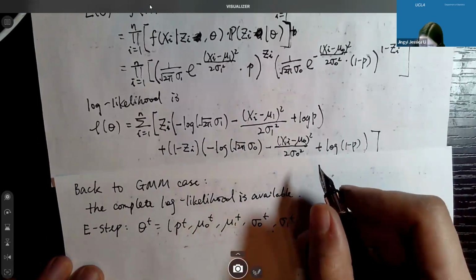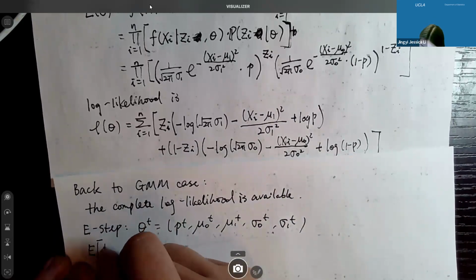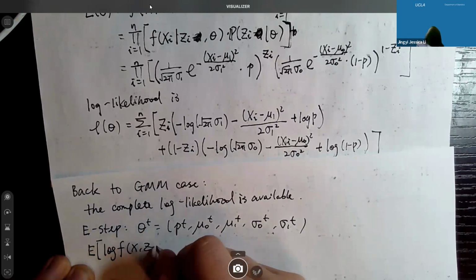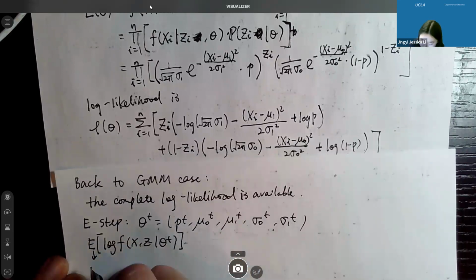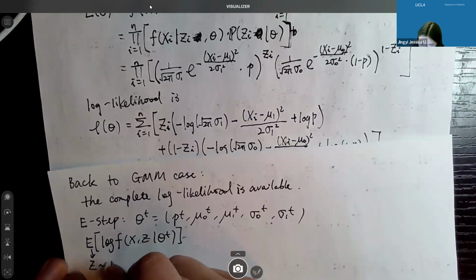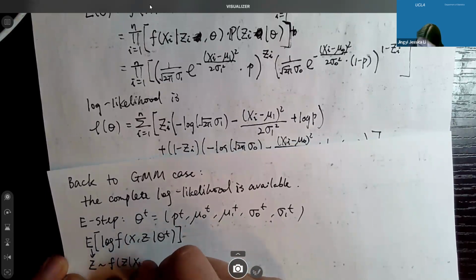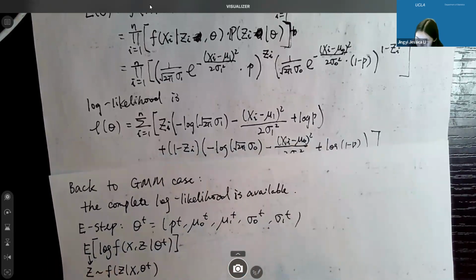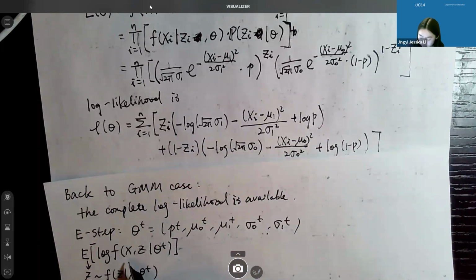Then you can see that if we do that expectation of log f(x, z) at theta t, and this expectation is for z following that density of z given x and theta t, right? If I do that, then you see, this is the log likelihood I'm going to input here.